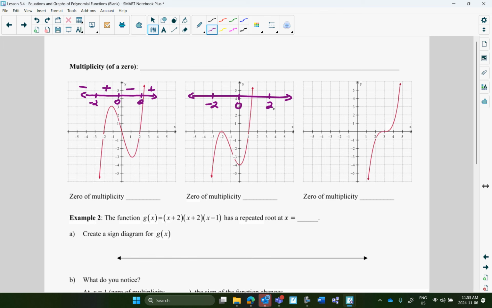It was below, right? It came up, it hit the -2, but then it bounced back and stayed below. And then it went above. Oh, positive 1, sorry, x.